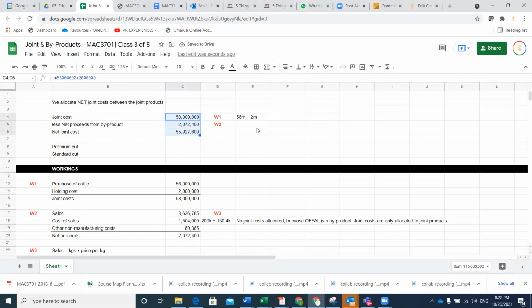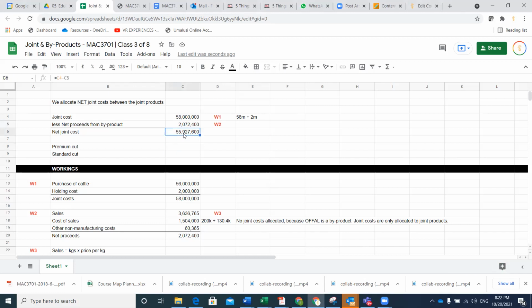Okay, some companies don't do it, but I think for UNISA purposes, we follow that approach. There's basically two ways you can do it. So this is one of the ways, so we will follow this way. Now this 55,927,600 needs to be allocated to premium and standard.